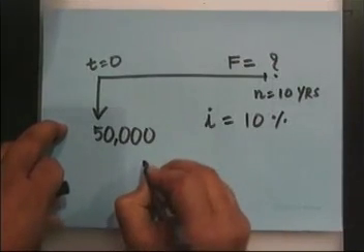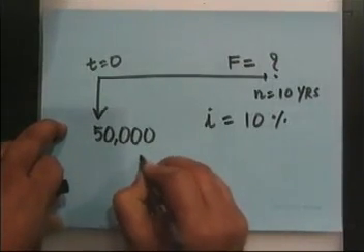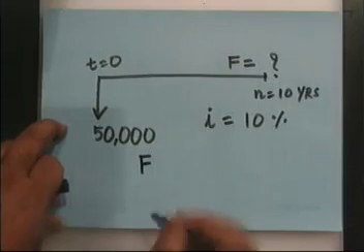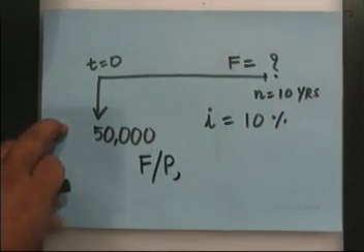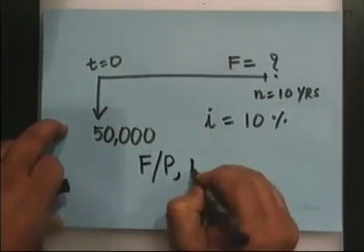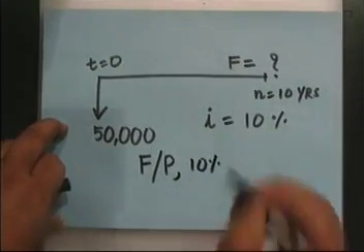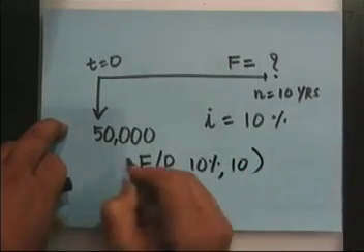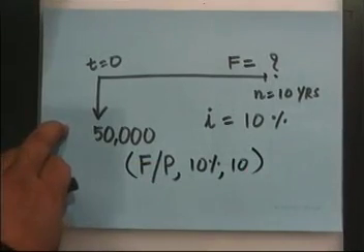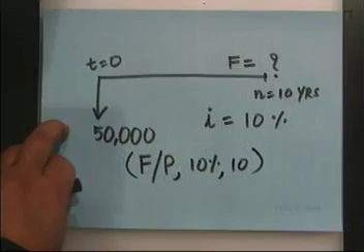So, what I am interested in finding is F given P for an interest rate of 10% for a period of 10 years.